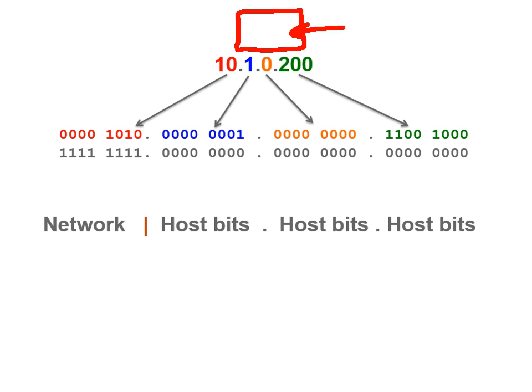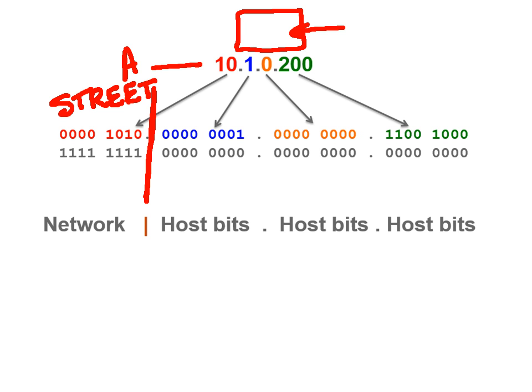Now, by default, because this is a Class A address, the default mask is drawing the line right here, which means that the first number, which is the 10, represents the street, which in computer networking we refer to as the network.